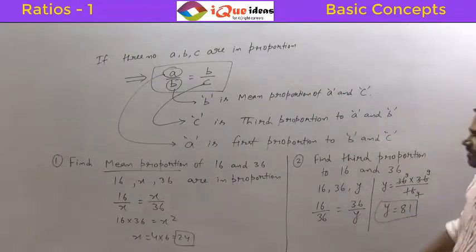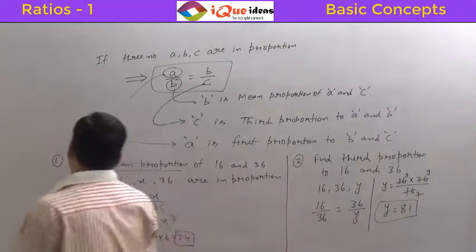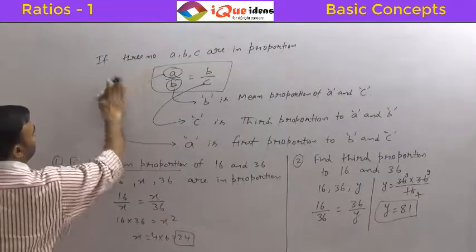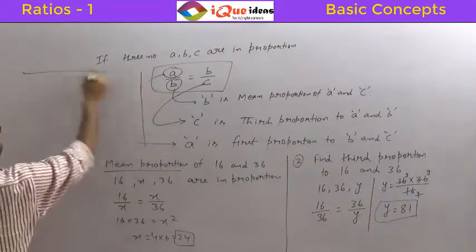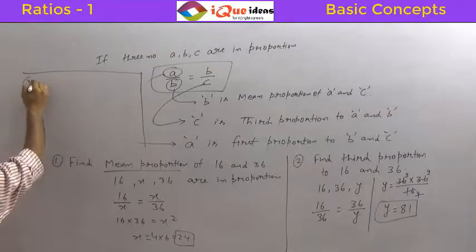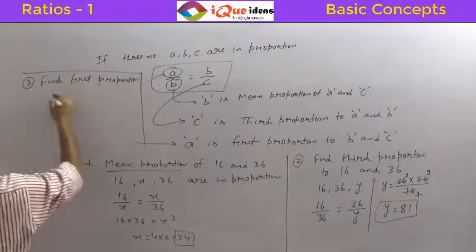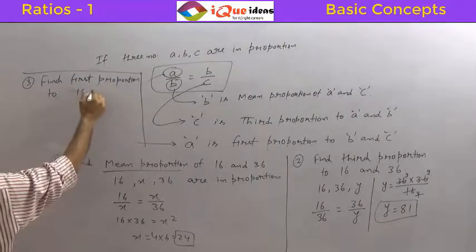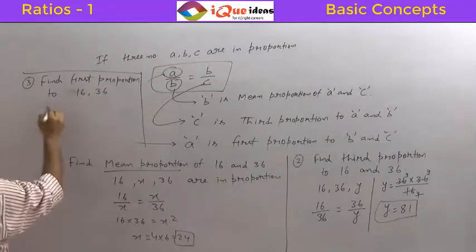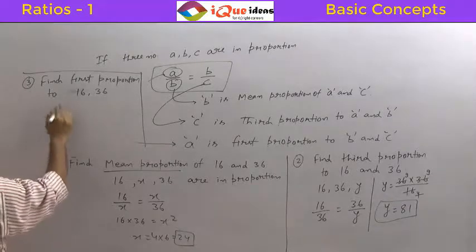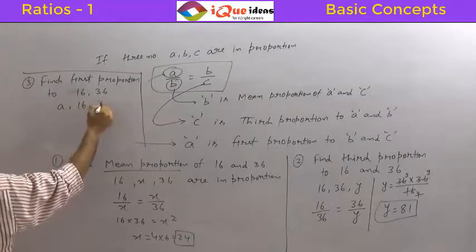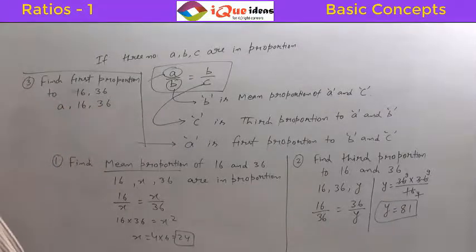And suppose in case we are asked to find the first proportion, I'll put a small question like this. Find first proportion to 16 and 36. How do we go about it? We say A, 16, 36. They are in proportion.